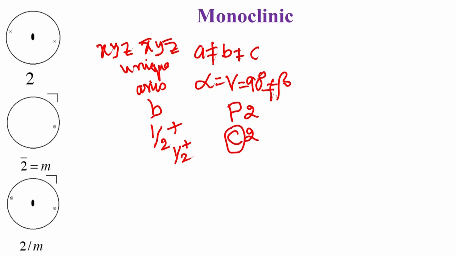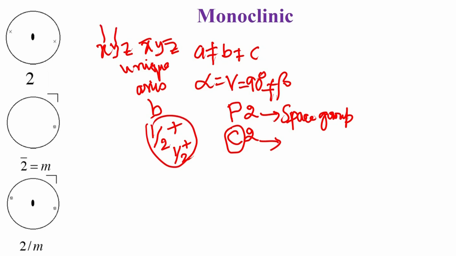What it means is that in the case of the space group P2, we have two equivalent points. In the case of the space group C2, we will have 4 equivalent points. Each one of these half and half will add on to each one of these coordinates. So, we will in effect have 4 equivalent points.